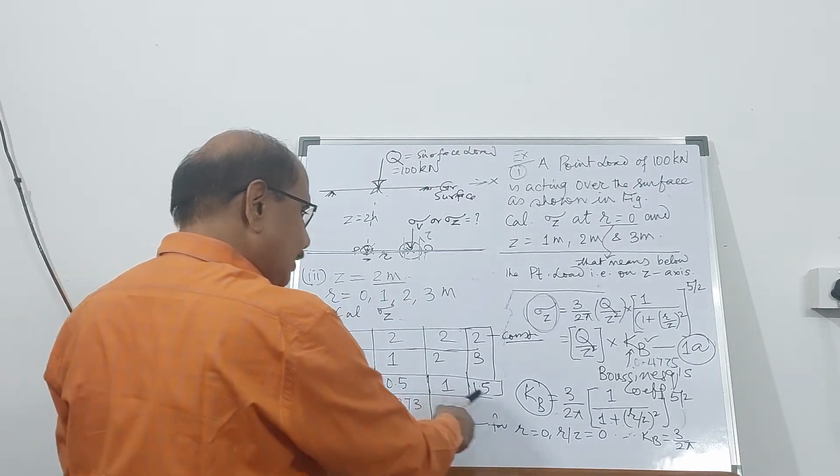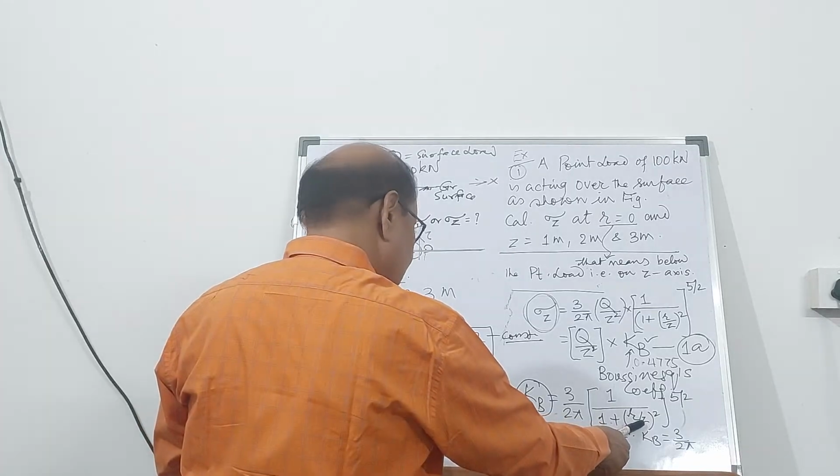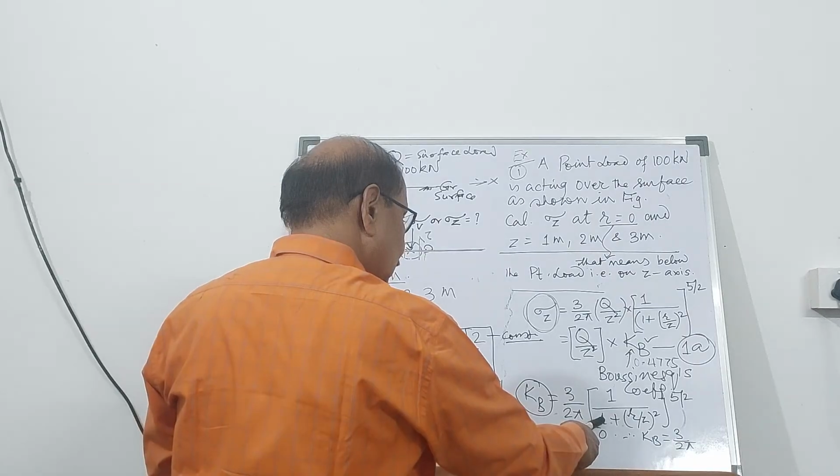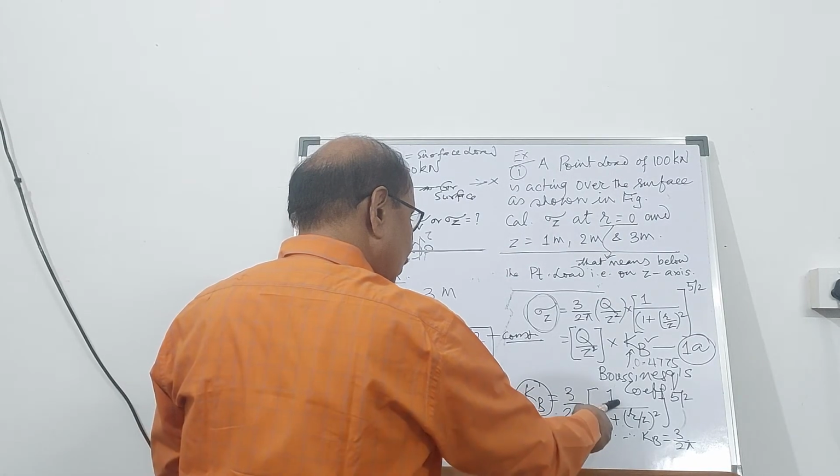Now r by z equal to 1. So this becomes 1. So 1 plus 1 equal to 2. Okay. So 1 by 2 equal to 0.5.